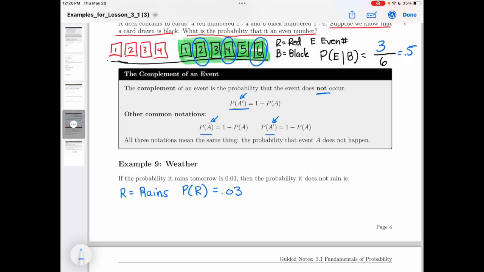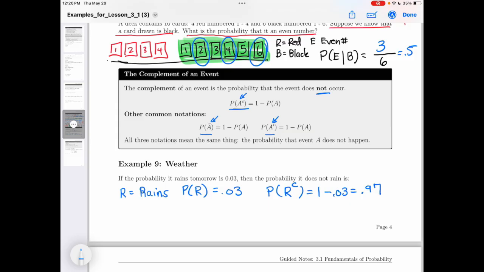So if I want to write the probability that it doesn't rain, I would use the probability of our complement, that it doesn't rain, and I would subtract that from 1 to find what's left over. So the chance that it doesn't rain is going to be 0.97 or 97%.